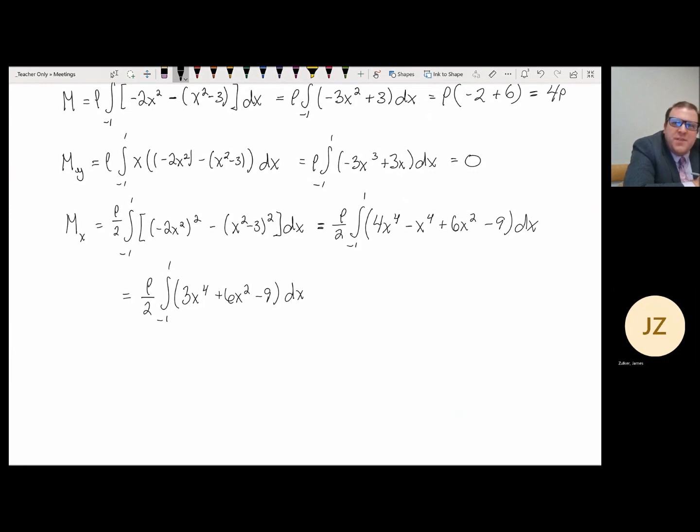All right, so once you do the algebra and simplify, we should get rho over 2 times the integral from -1 to 1 of 3x to the fourth plus 6x squared minus 9 dx. So 3/5 x to the fifth, and 1 minus -1 is 2, so that's 6/5.